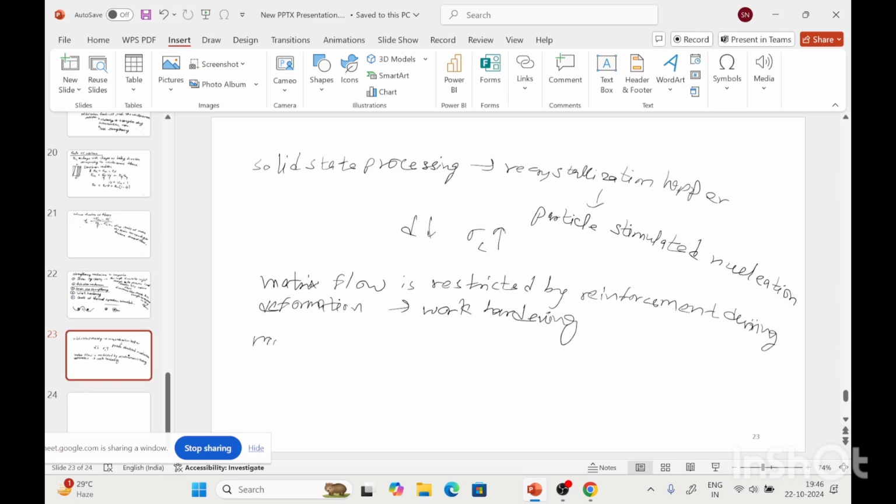The mismatch in thermal expansion leads to formation of dislocations when the strain will be different, and this leads to dislocation generation, leading to the increase in strength of the metal matrix composite.